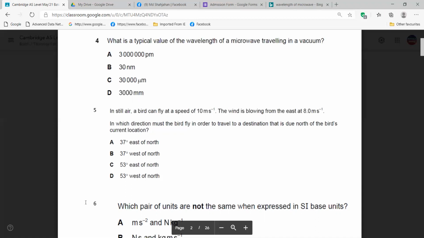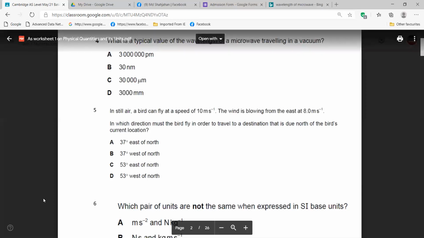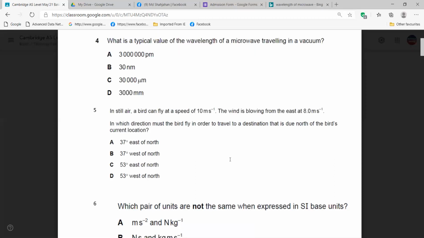And the wind is blowing from the east at 8 meter per second. So we have to use the scale diagram here to understand it. The wind is blowing from the east. So our east is from down to upwards, right?